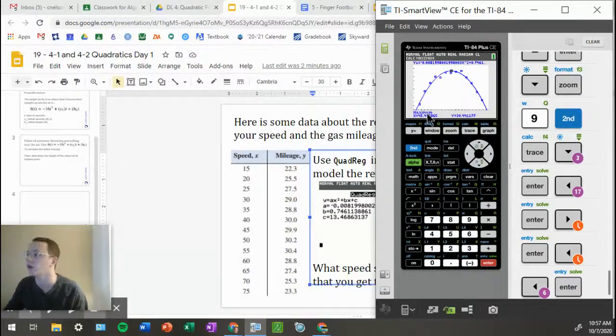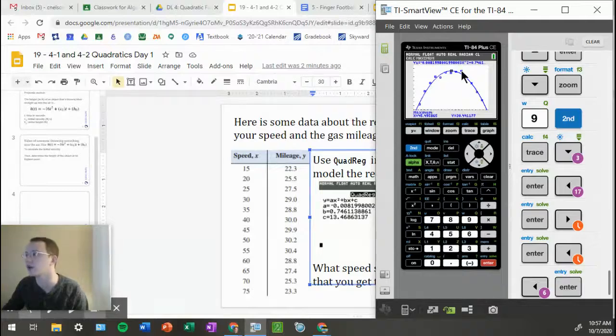So what would we expect to get as the best gas mileage we can get? 30.44 miles per gallon. What speed should we be going at to get that mileage? 45.5 miles per hour. So we can use this data to use QuadReg in your calculator to get a quadratic model for data.